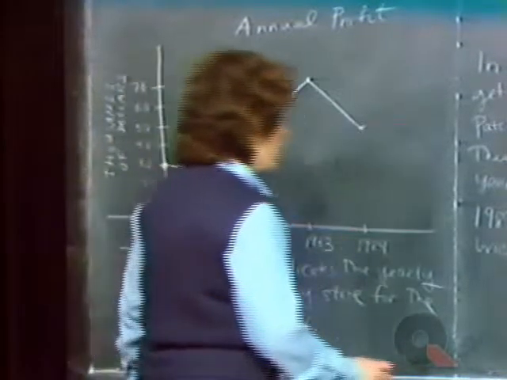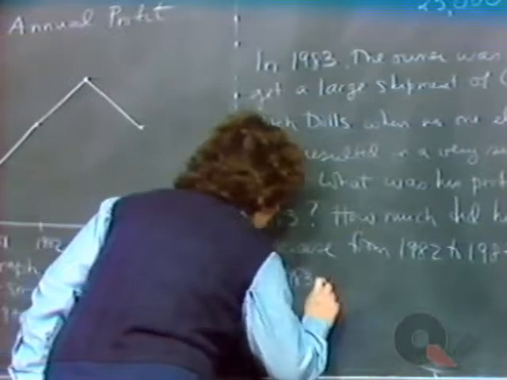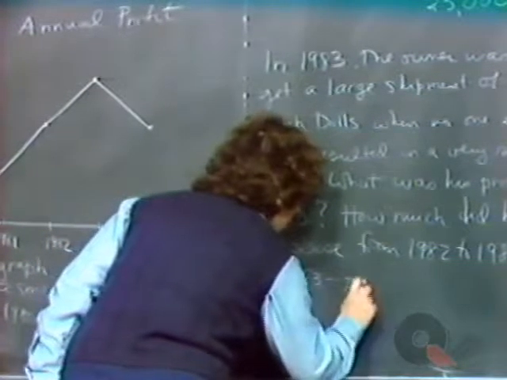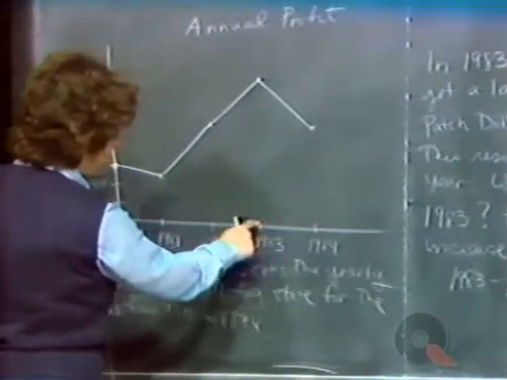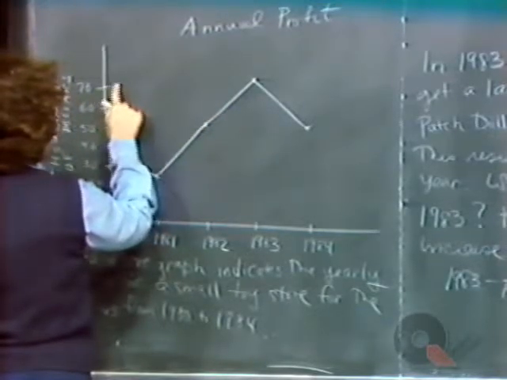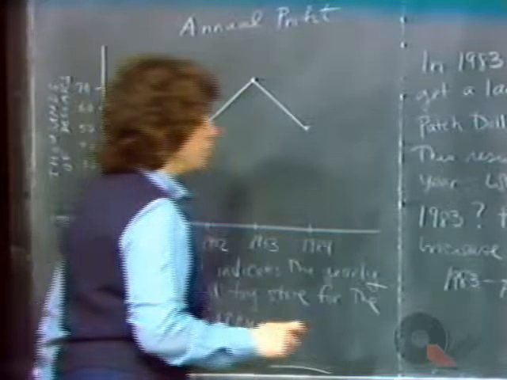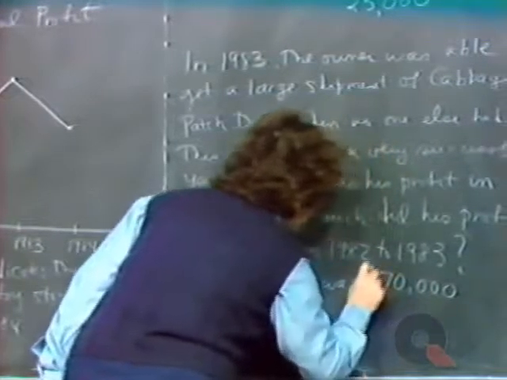Well, first of all, in 1983, take 1983, go up until you see the graph, read across, comes closest to the 70, so $70,000.